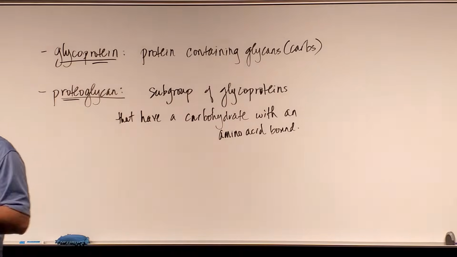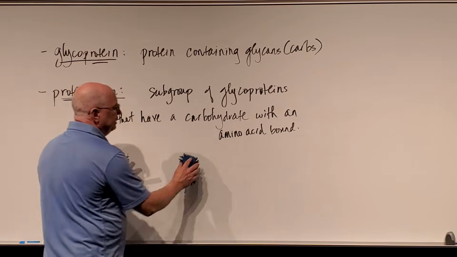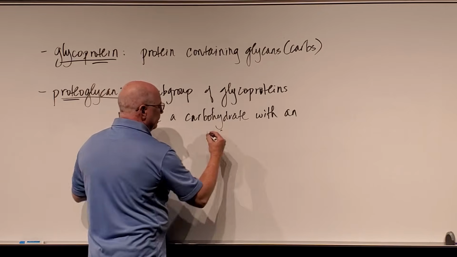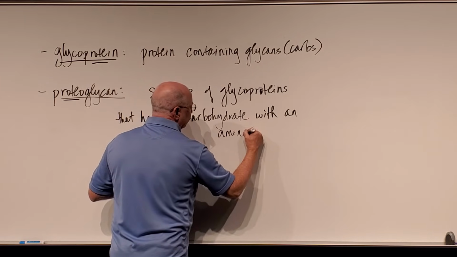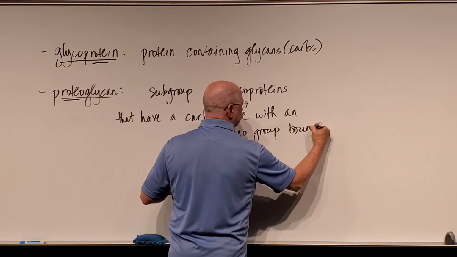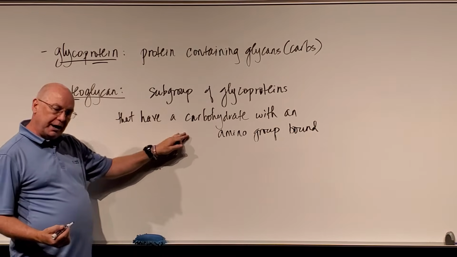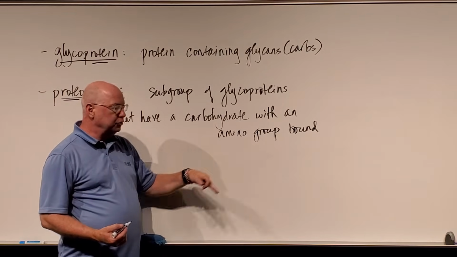They have a bound amino acid to the sugar. I'm sorry, I shouldn't even say amino acid. When I think about it, it really is an amino group bound to them. So a proteoglycan is a carbohydrate or glycan that has an amino group bound to it.